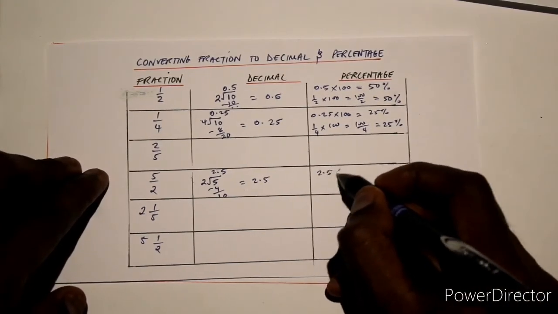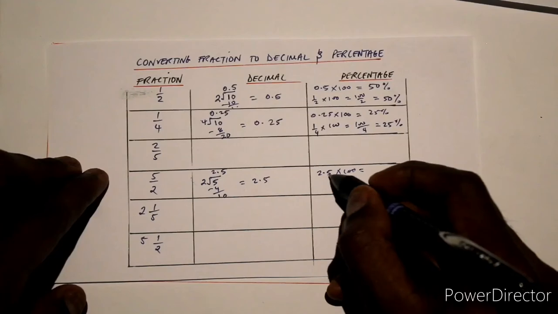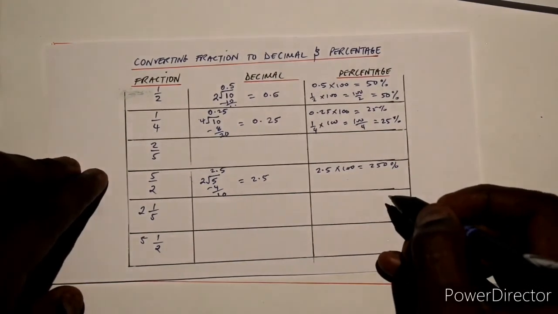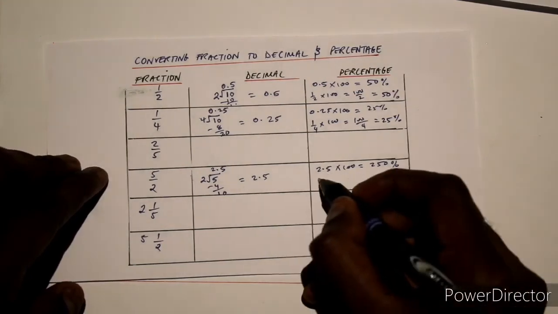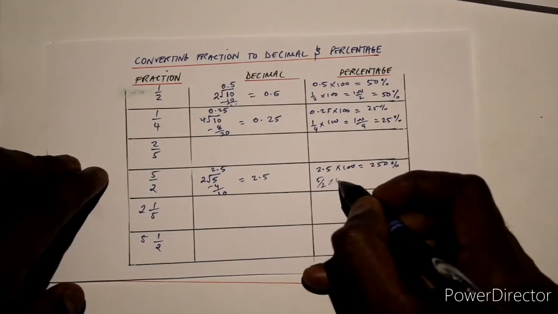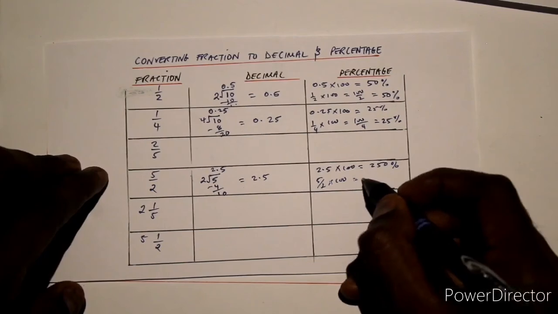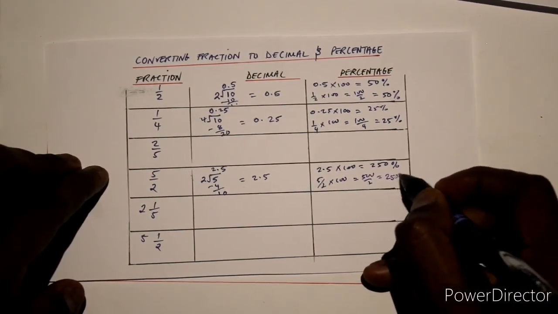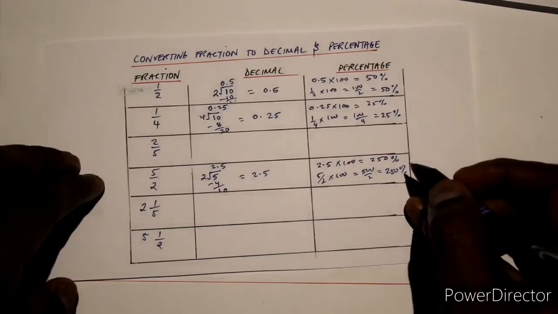Converted to percentage, 2.5 times 100 is equal to 250%. Or simply 5 on 2 times 100, so you should have 500 divided by 2 is 250% again.